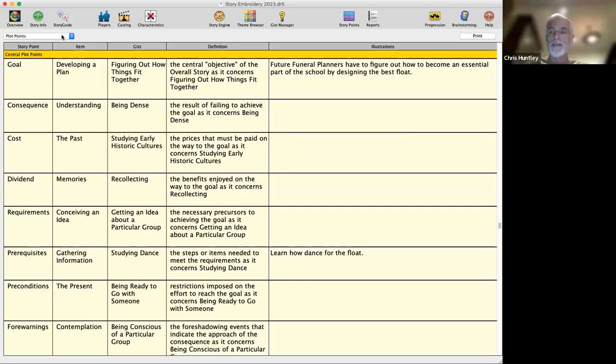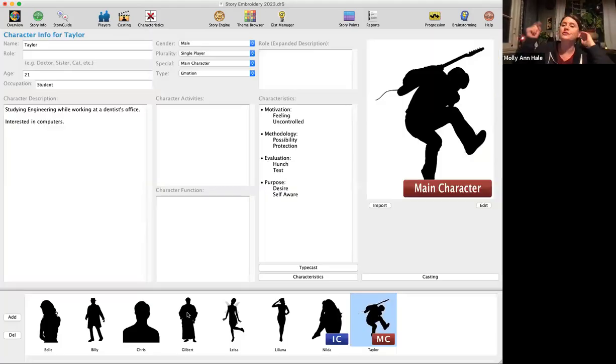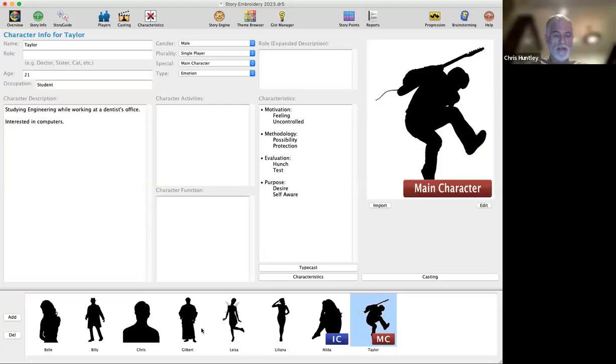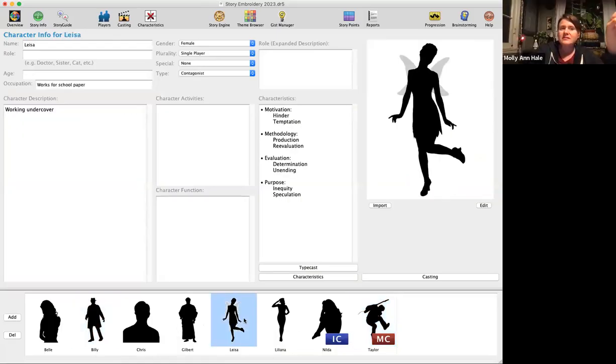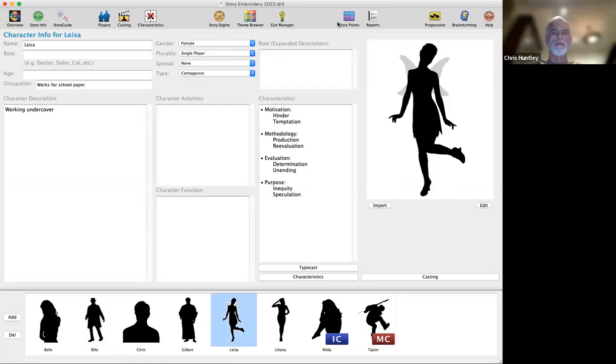You mean the antagonist? Or the contagonist, thank you, who works for the school paper. Okay. So our contagonist, that's psychic, right? Lisa, right. And she's the one who works for the school paper.